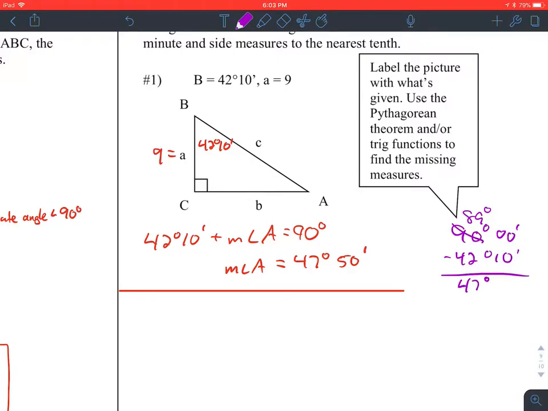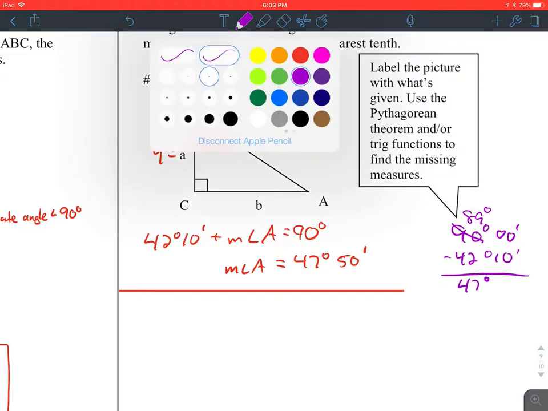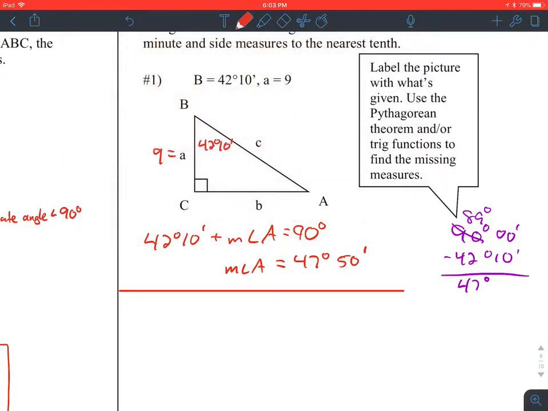Must push on. That's how the 47 comes in. Boy, that cramp hurts. If you borrowed 1 from the 89, that means you're taking 1 degree away from it, and you're going to change that 1 degree into minutes. Well, how many minutes are there in 1 degree? There's 60. So now we're taking 10 away from 60, and we get 50. That's why this is 47 degrees and 50 minutes.